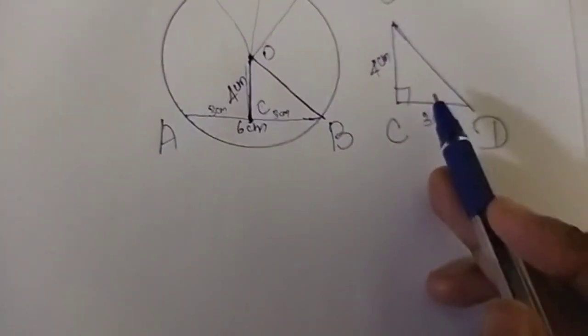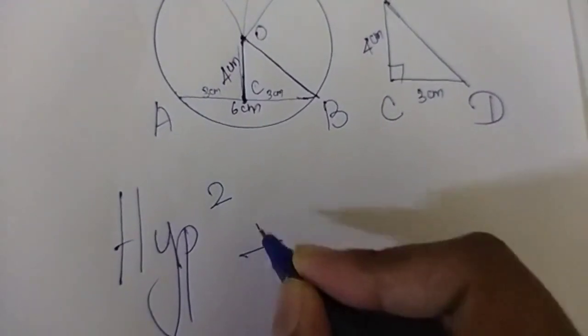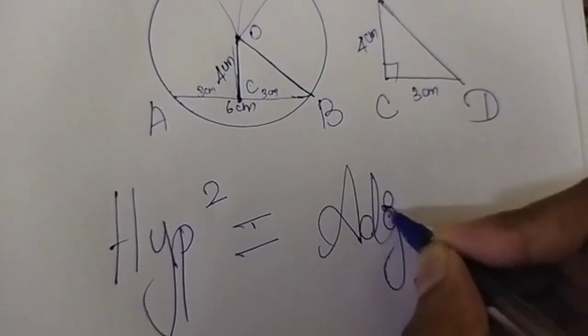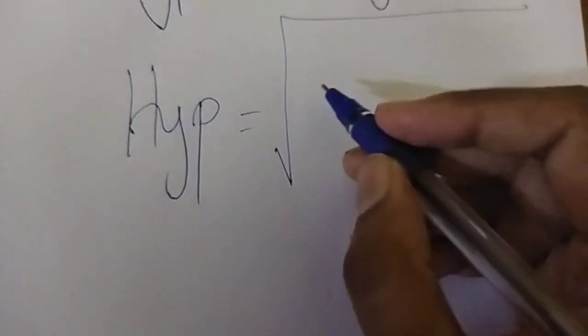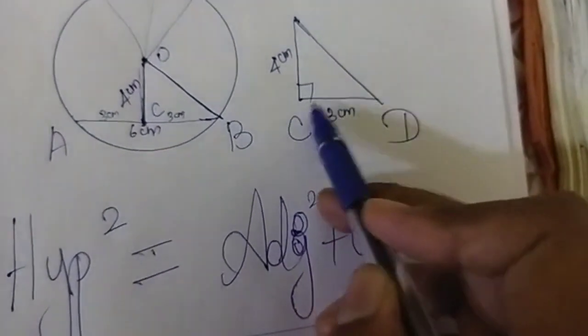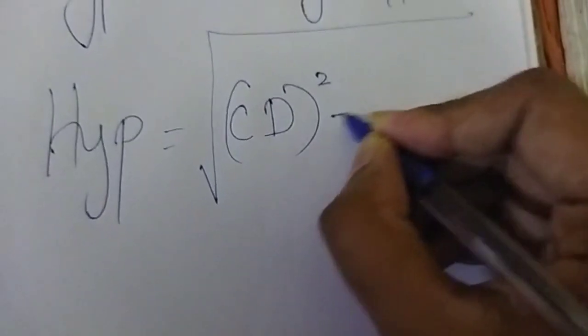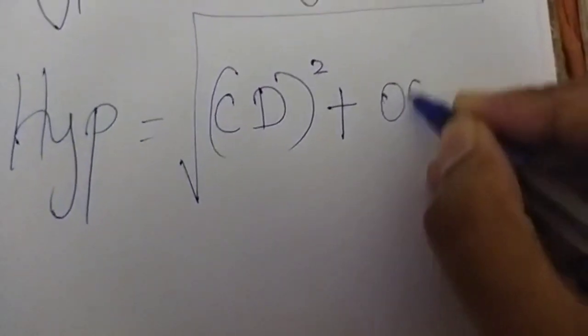Hypotenuse square is equal to adjacent side square plus opposite side square. So hypotenuse is the square root of CD square plus OC square.